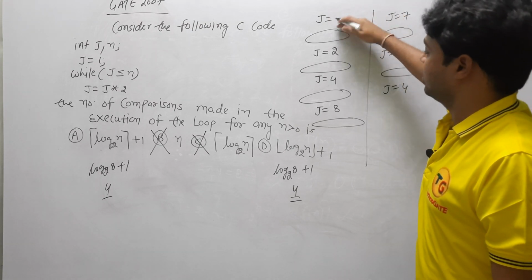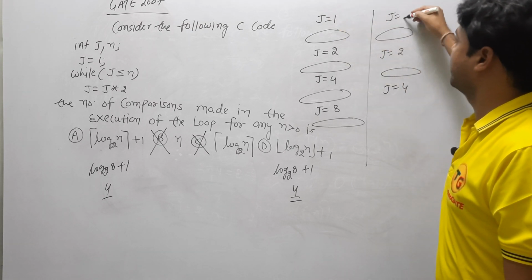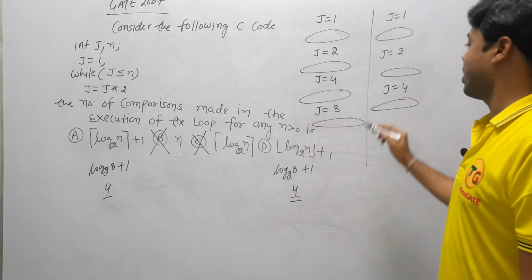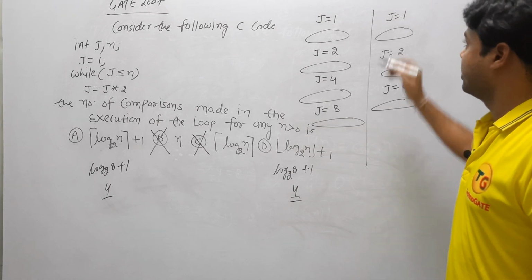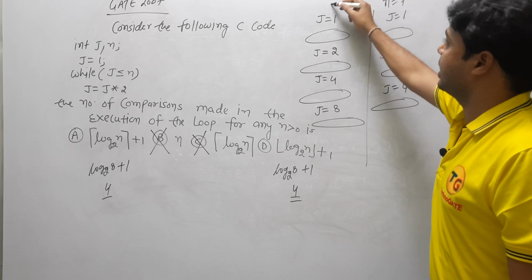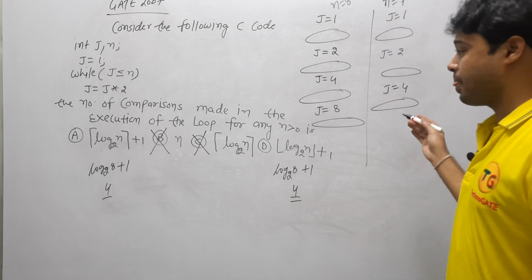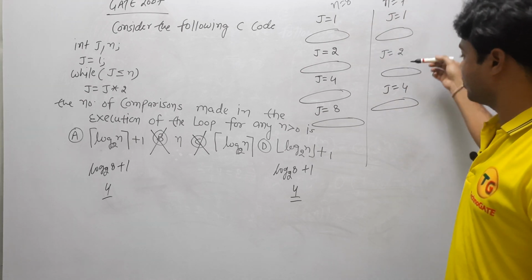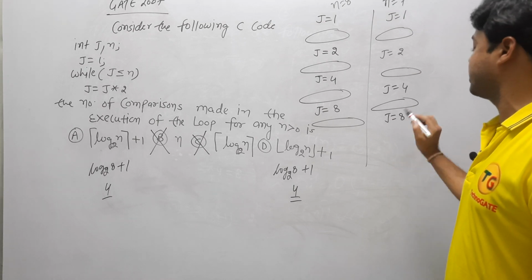Now 4 into 2 is 8. So here n is 7 and j becomes 8. How many times? 1, 2, 3, because when j is 8, 8 is greater than 7, so no.